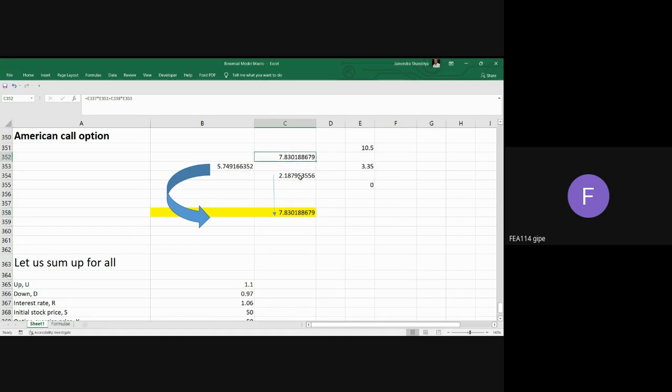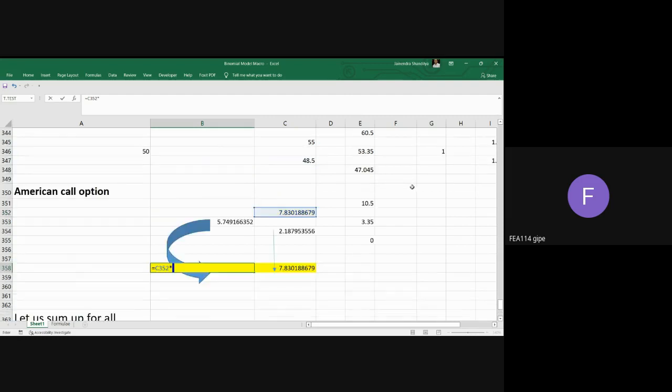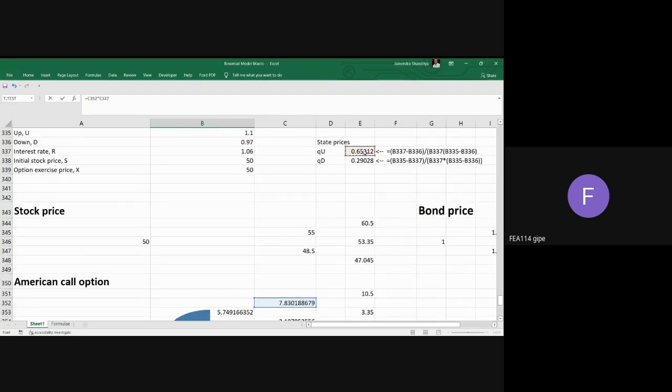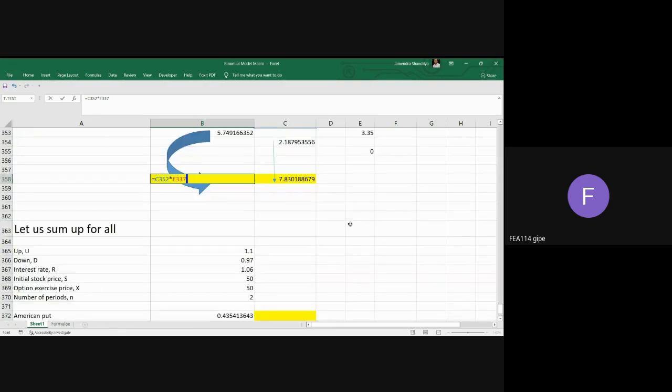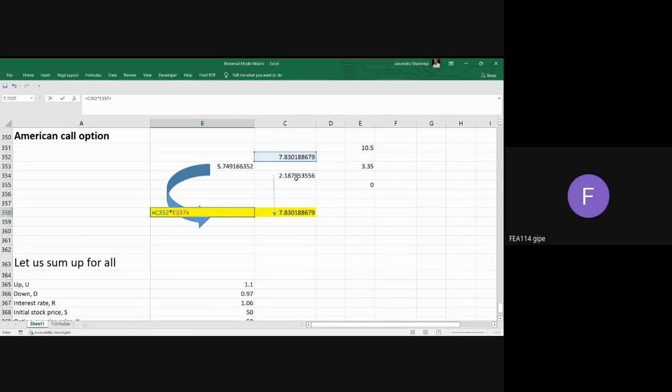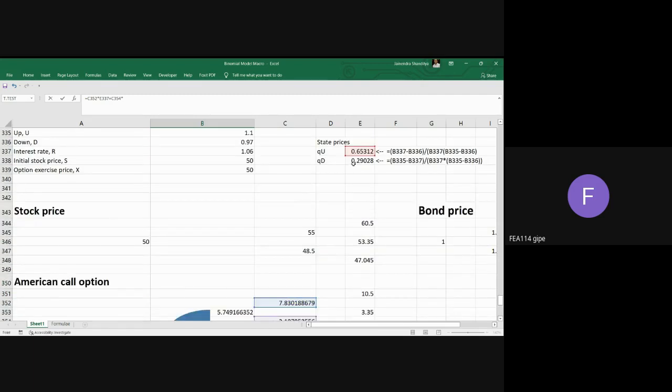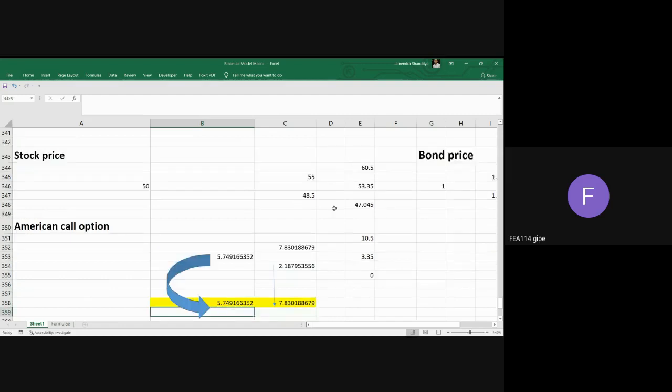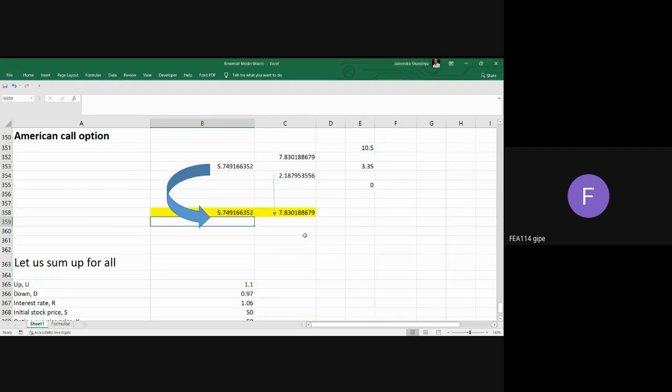Now it's 7.83 and 2.18 as the price. So how do I get the final price here? Again, I use QU into the up price, plus QD into the down price, or the value of the down node, and then I'm done. So 5.7491 becomes the value of the American call option.